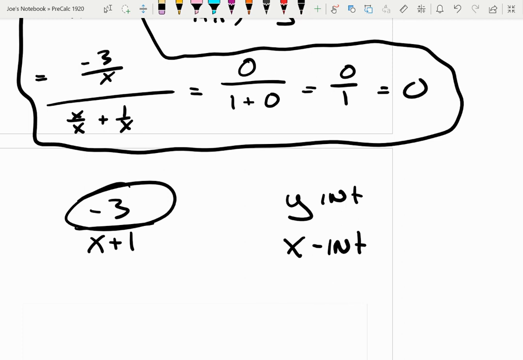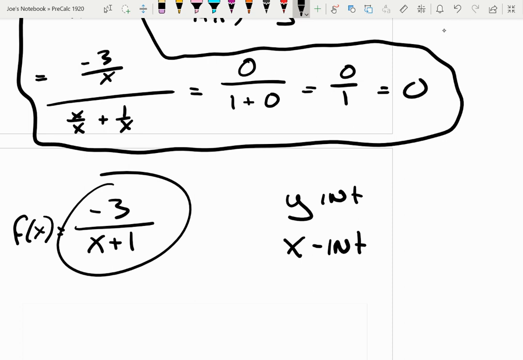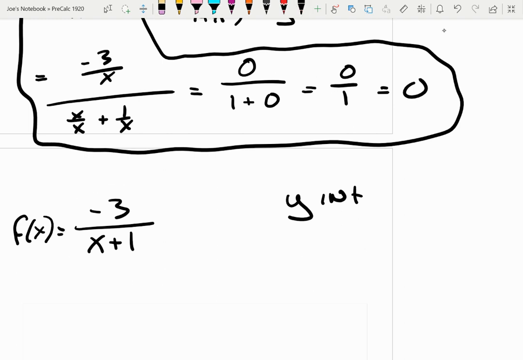It doesn't matter what numbers you plug in for x, this fraction will never be 0 because the numerator is -3. So there is no x-intercept.